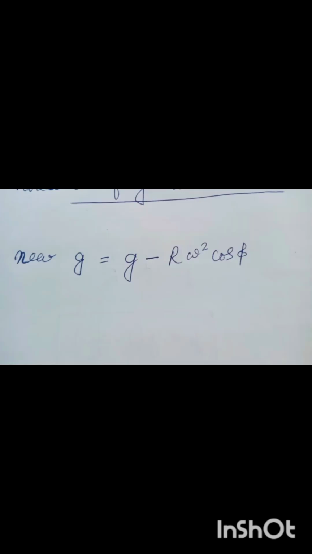So if we consider omega as the angular velocity and the latitude of the place is phi, then the new expression for acceleration due to gravity can be written like this.